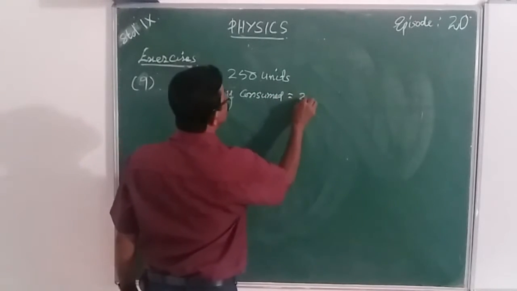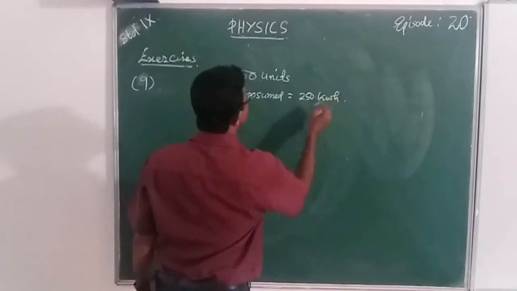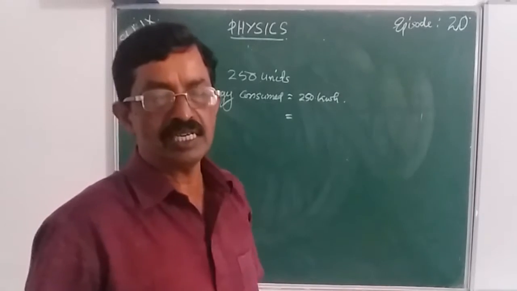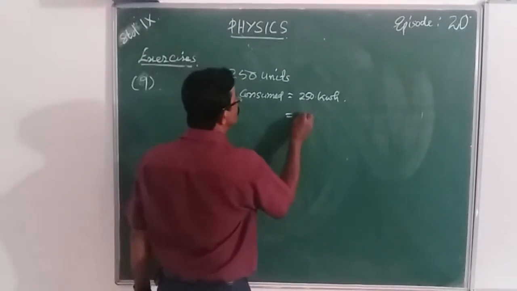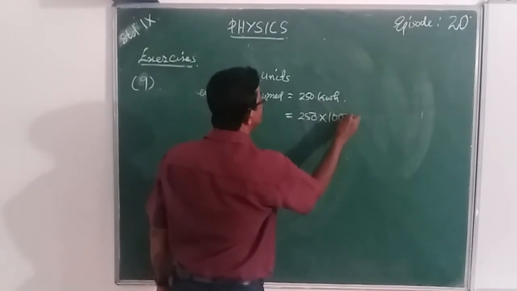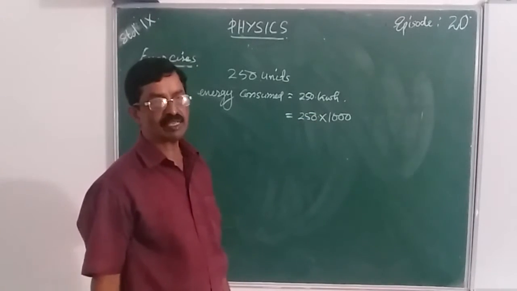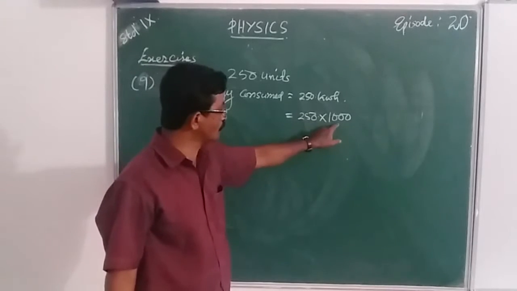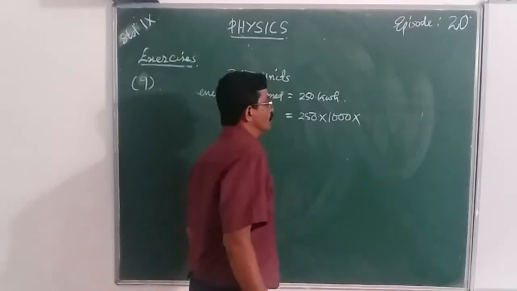So, to convert this kilowatt hour into joule, we know 1 kilowatt means 1000 watt. So, 250 into 1000 into 1 hour.